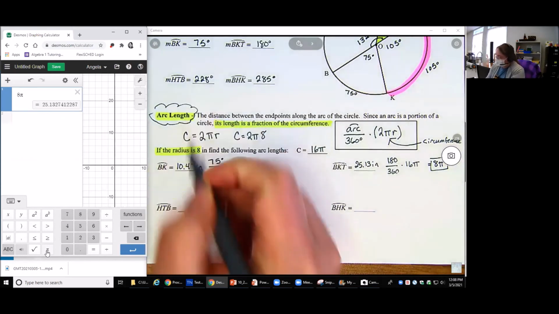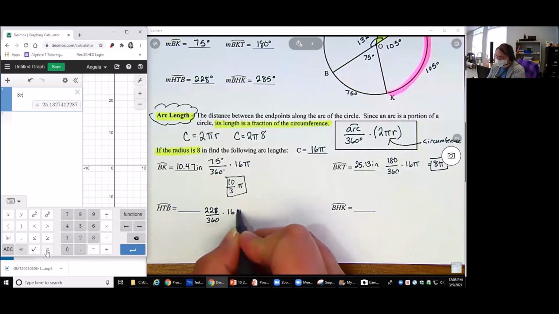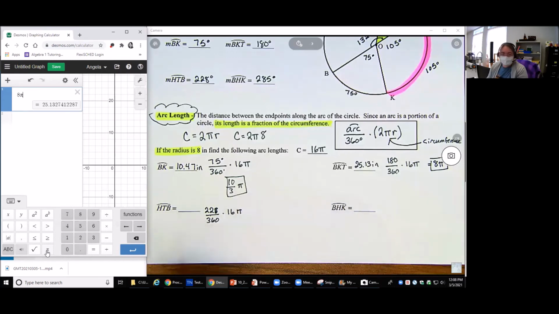Okay, and next for HTB, same deal. You find the angle measure, 228 degrees divided by 360 times 16 pi. And of course, you can put that in your calculator. If you put it in without pi, you get the fraction. So 228 divided by 360, and then arrow over and multiply times 16.